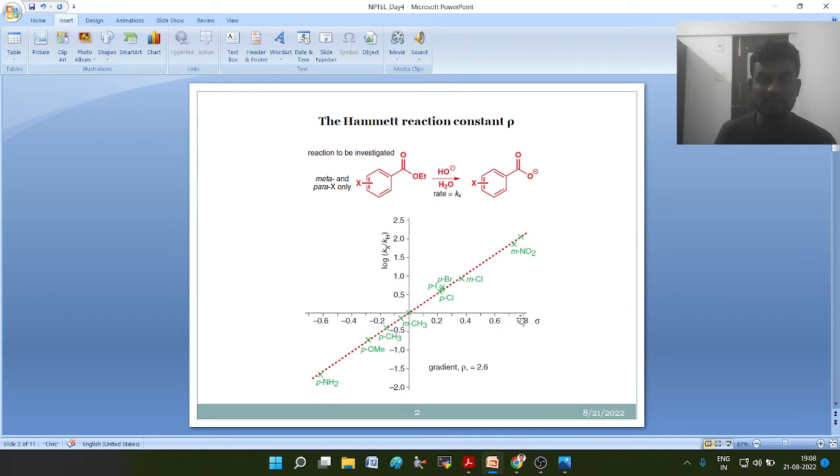So sigma values will be there for nitro, metachloro, parachloro, parabromo, all things will be there. Similarly, the left side also has the negative sign. But anyway, in the y-axis we have the rate of this alkaline hydrolysis of meta and para substituted ethyl benzoate, and the corresponding rate when X is H. So this is log of kx by kh. Now if we plot this, what we get? A straight line.